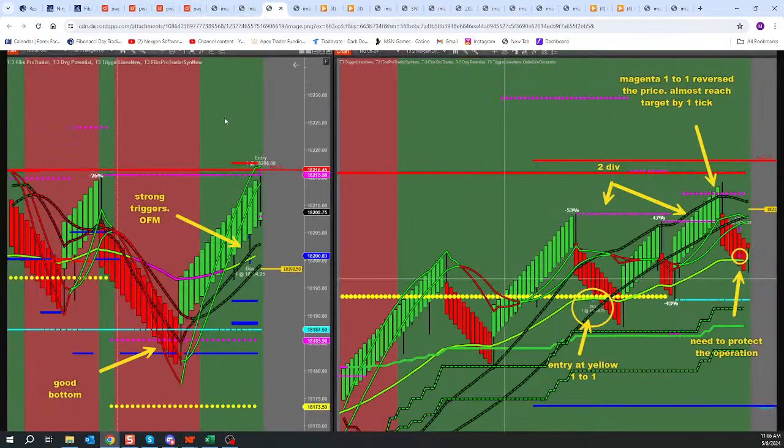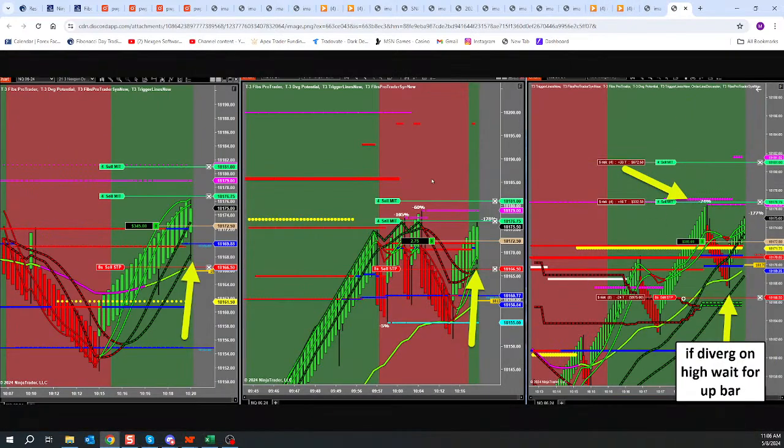I was looking for one of your charts. If divergence prints on the entry chart, wait. That's it. That's all he's saying. If divergence prints on the entry chart from the high, wait. Get an up bar. That's all he's saying.